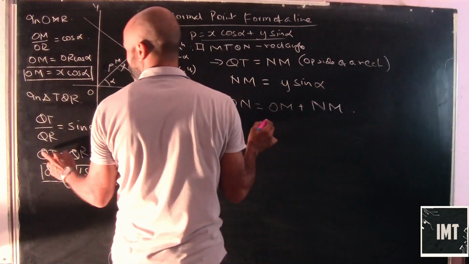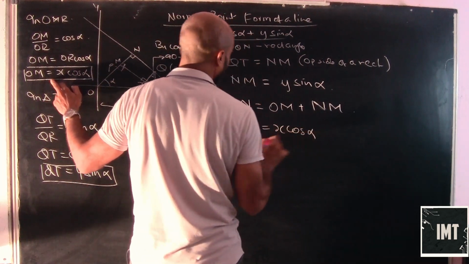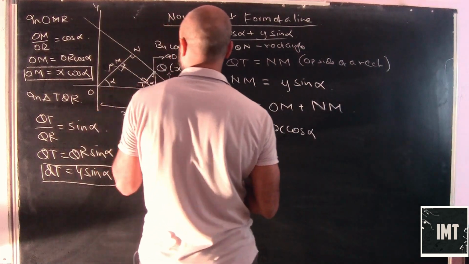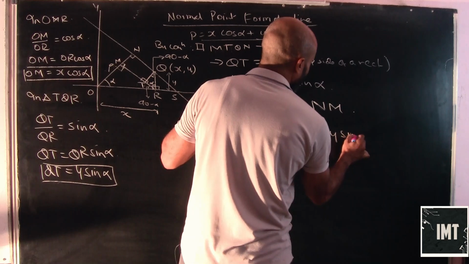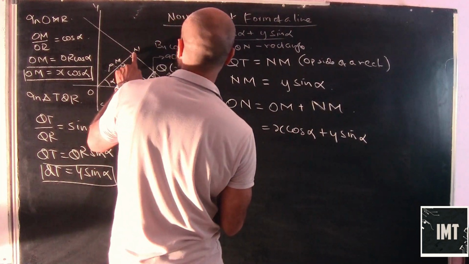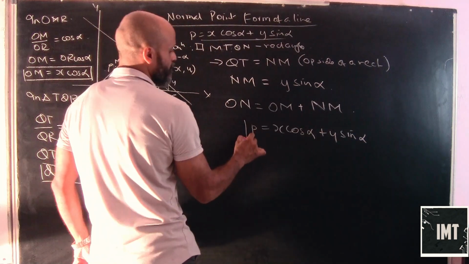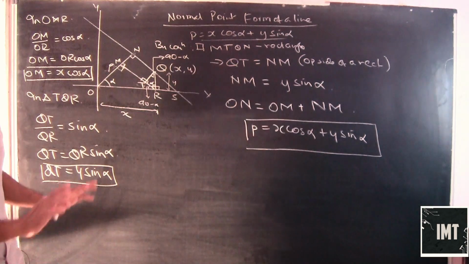For OM we have x cos alpha, and for NM we have y sine alpha, and ON we know is the length of the perpendicular, which is given as p. So p is equal to x cos alpha plus y sin alpha.